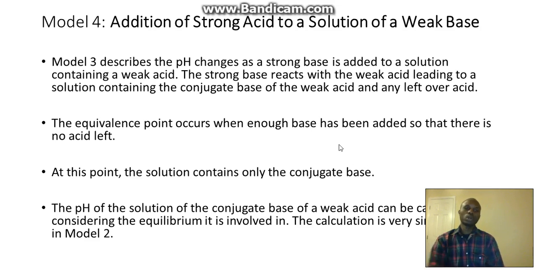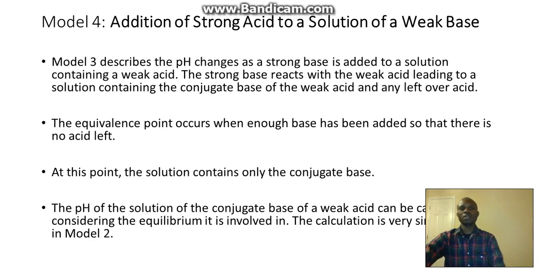The equivalence point will occur when enough acid has been added, so that there is no base left. We can calculate the pH using similar means like we did with the acid.